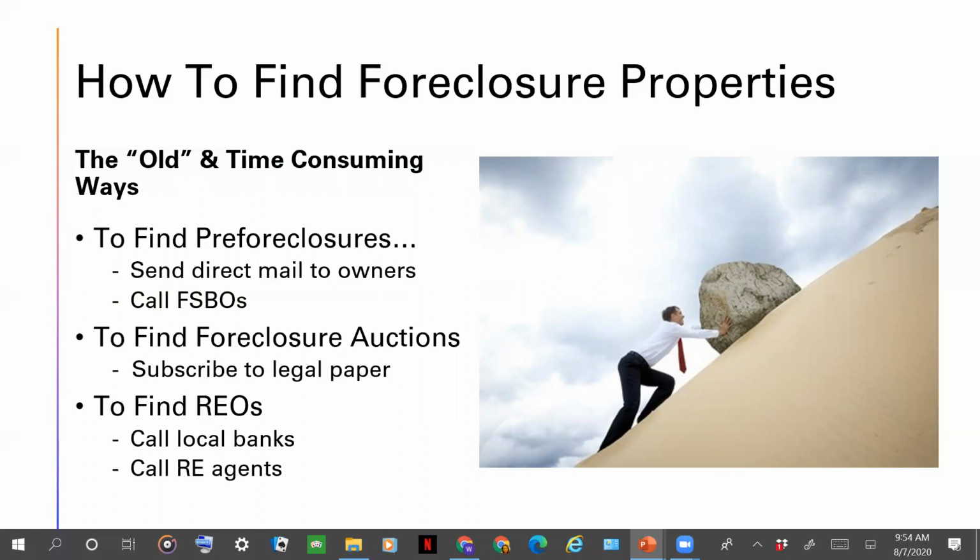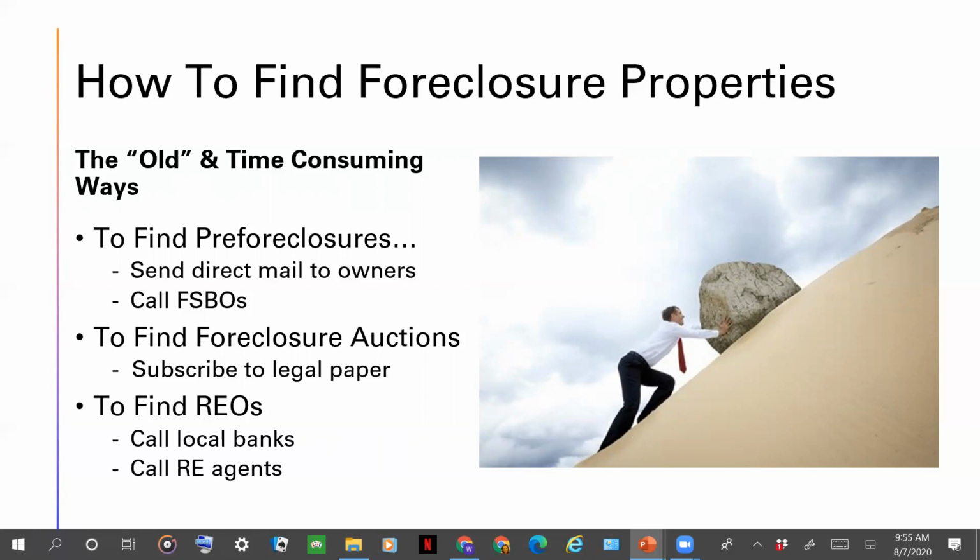All right. So to find foreclosure auctions, you have to subscribe to your local or county legal paper. Legal newspaper, for those of you who are millennials or too young to know what a newspaper is, well, they still exist, right? It's usually like $100 a year or $200 or $300 a year or whatever.